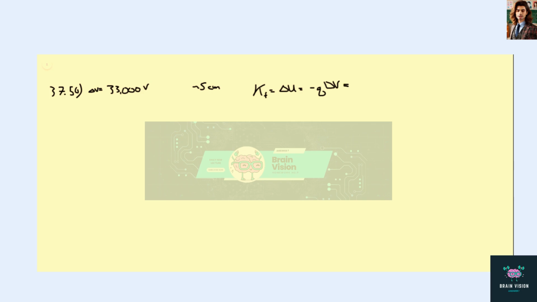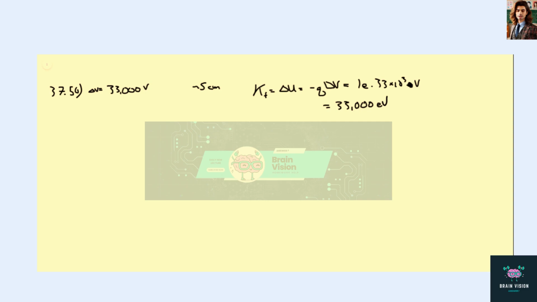And this becomes 1e times 33 times 10 to the 3 volts. We see that's 1e times that, so this becomes 33,000 electron volts as the final kinetic energy.